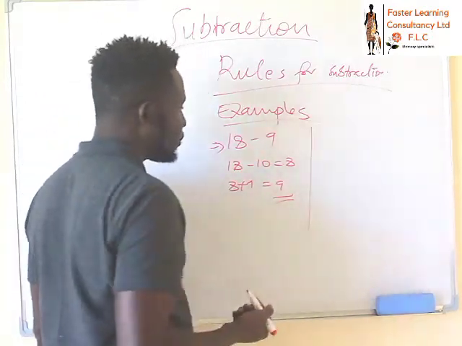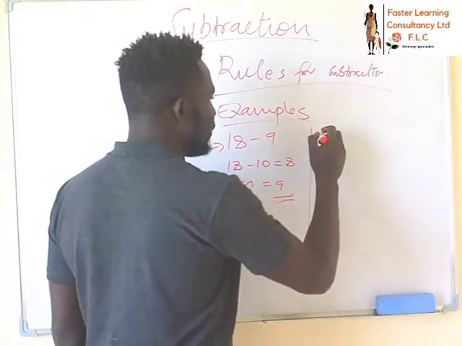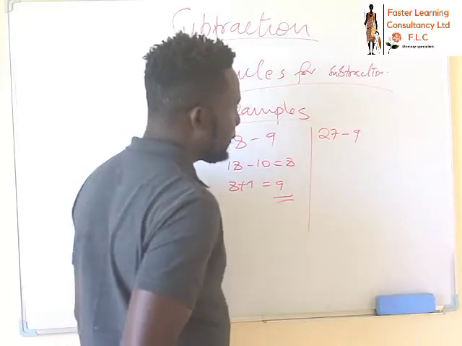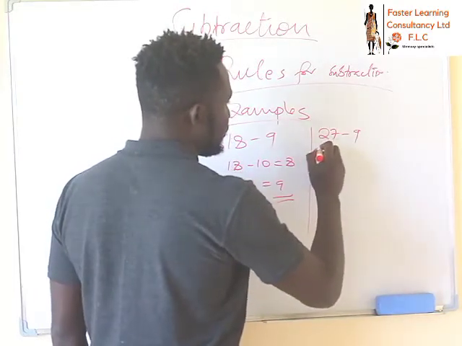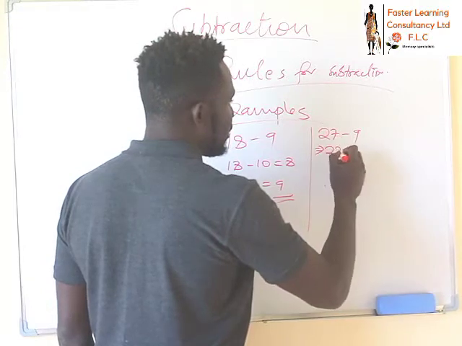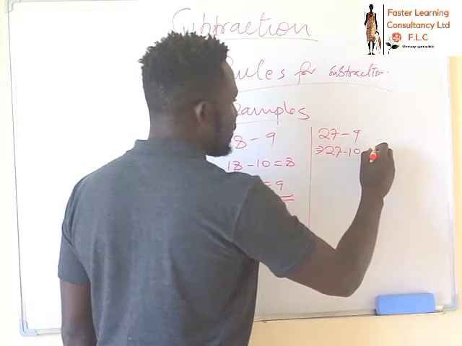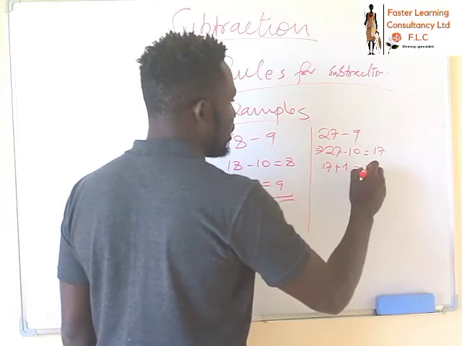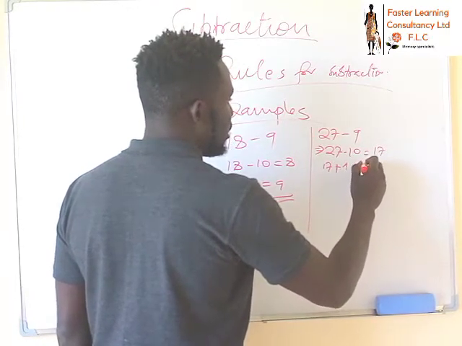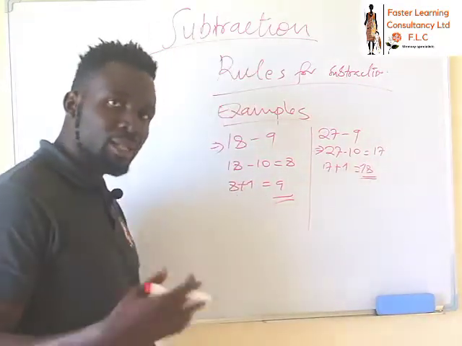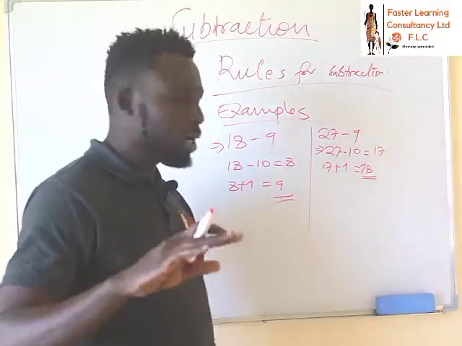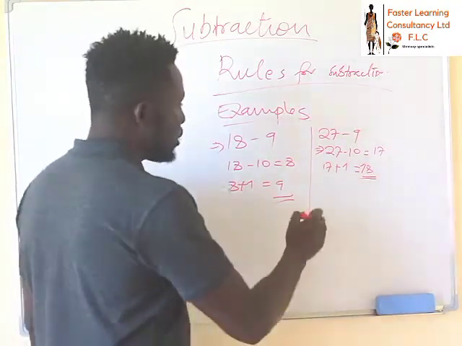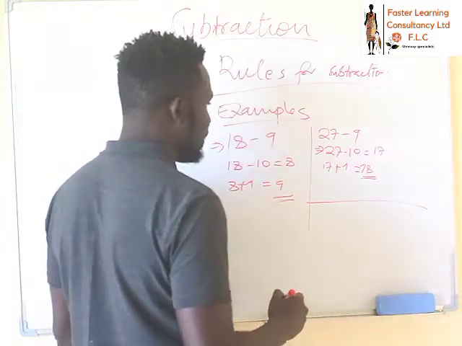How about 27 minus 9? First you say 27 minus 10, so you have 17, and then you add 1. That gives you 18. This is how you mentally calculate in your head, and your calculations go very fast when you do subtraction. Let's do a last one for this case.